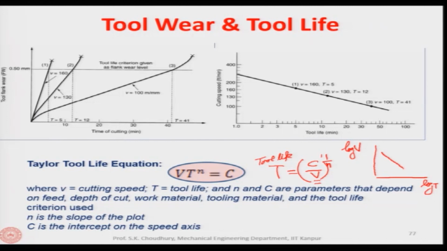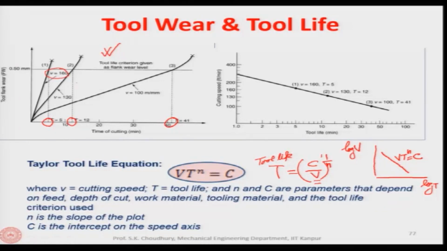So, this line is actually given by the equation V t to the power n is equal to c. Okay. This curve is taken from these experiments. That means these tool life values are placed here against the cutting speed.